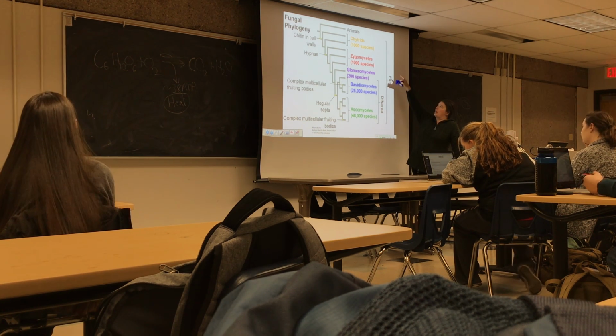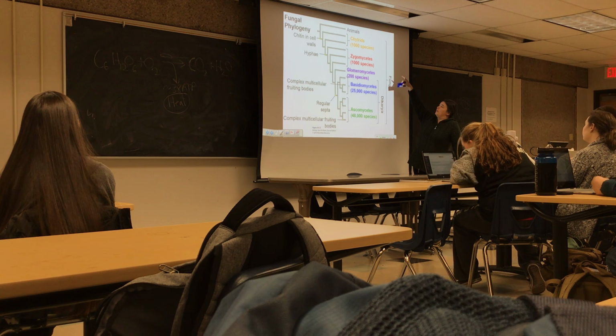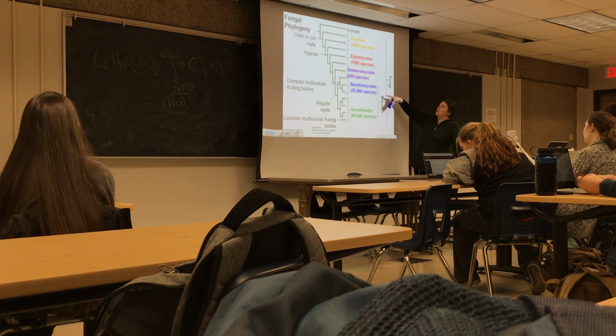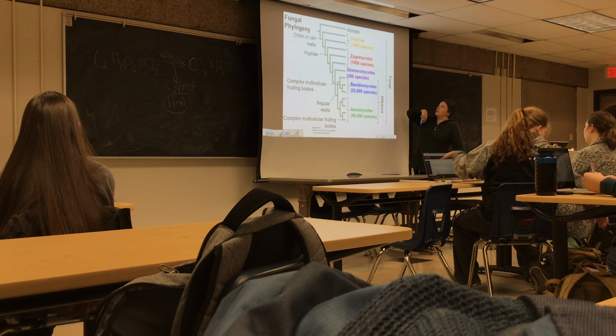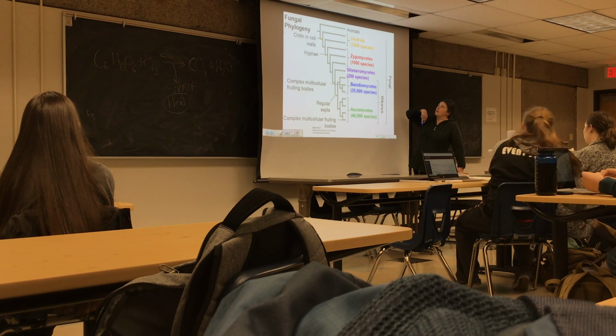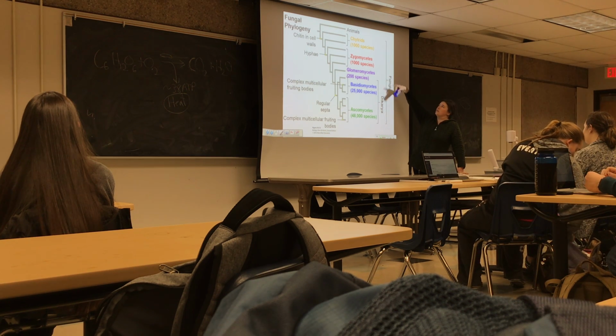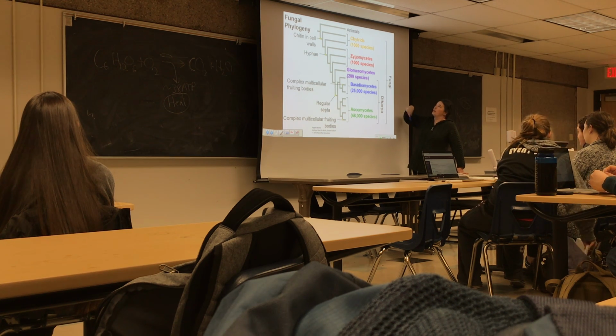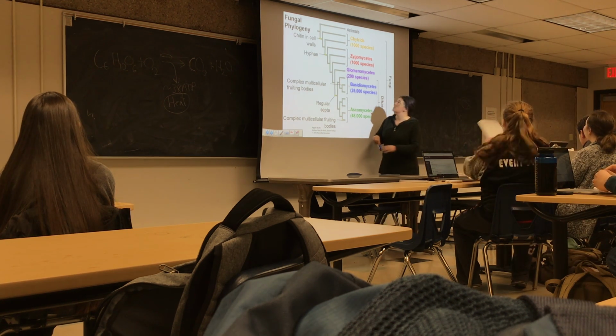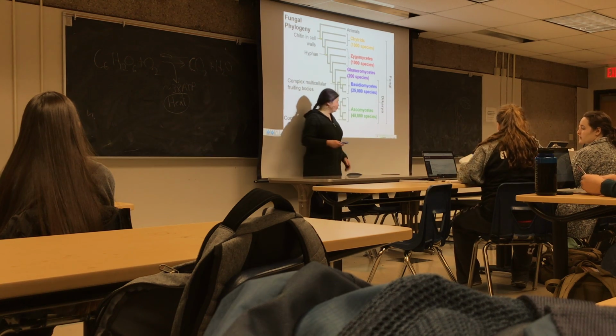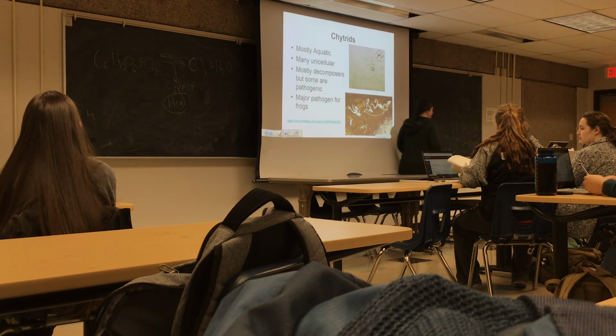I'm going to be talking about mostly four of these different groups: the chytrids, the zygomycota, the basidiomycota, and the ascomycota. I'm not really going to talk about the glomeromycota because they're the least common, as you can see. But we're going to talk about some of these different groups of organisms.